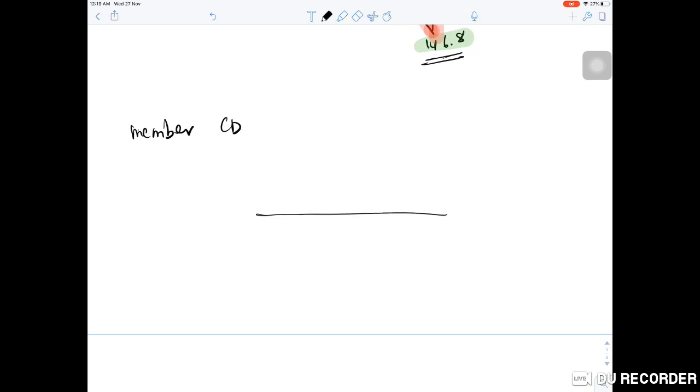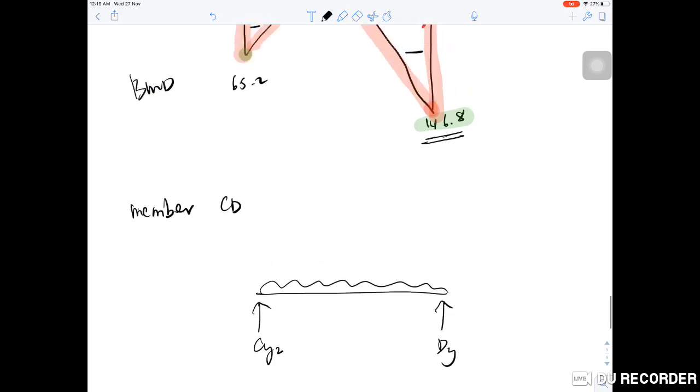CD is like this. It is a UDL. Shear force is like this, it is CY2 and DY.